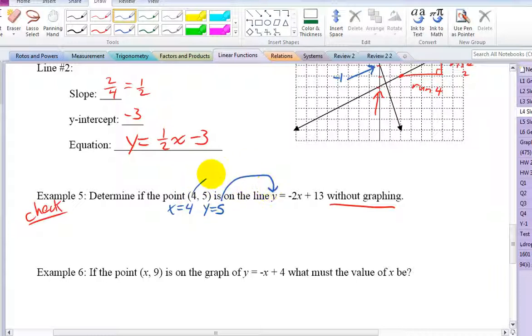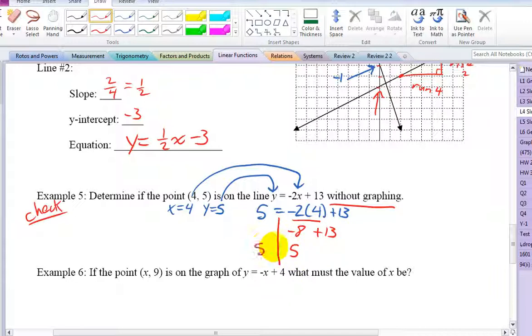In for y, in for x. 5 equals negative 2 times 4 plus 13. Put down the great wall of check, which you'll never cross. Multiply those together to give you negative 8 plus the 13. And we get 5 equals 5. So this is correct. This is true.